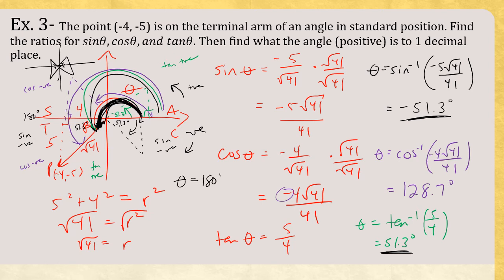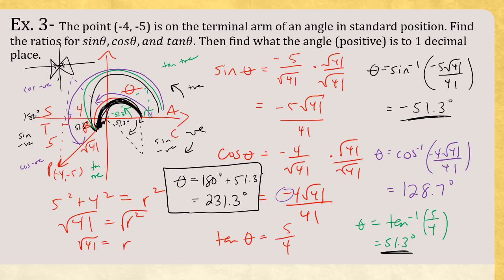So theta equals 180 plus 51.3. Well, what's 180 plus 51.3? 231.3, and there's your angle in standard position.